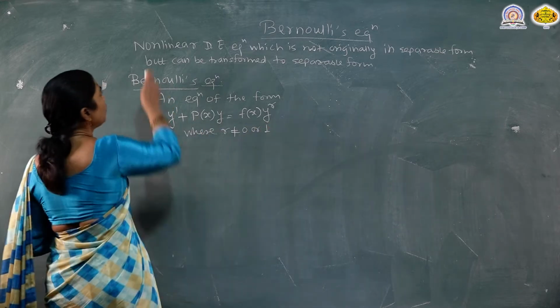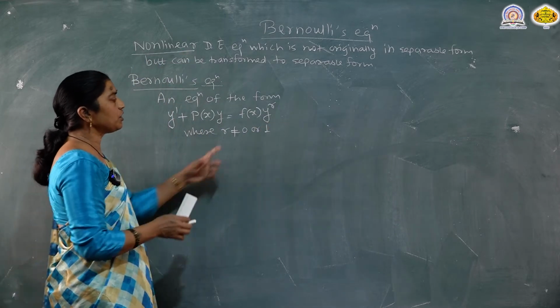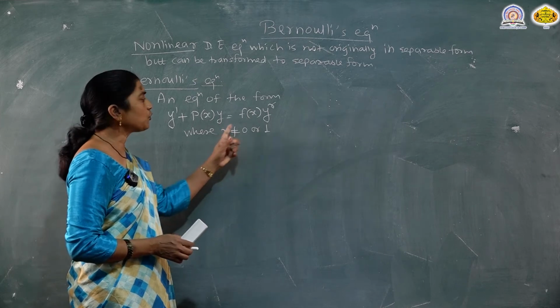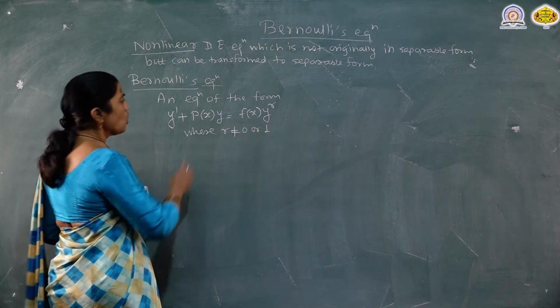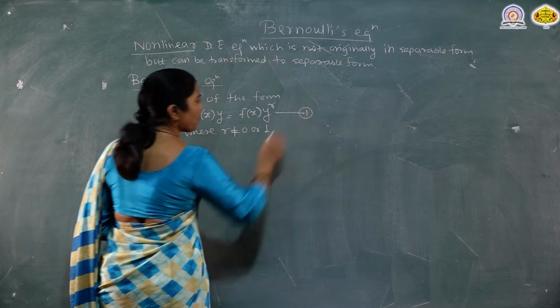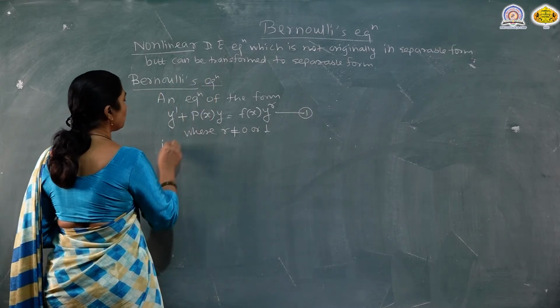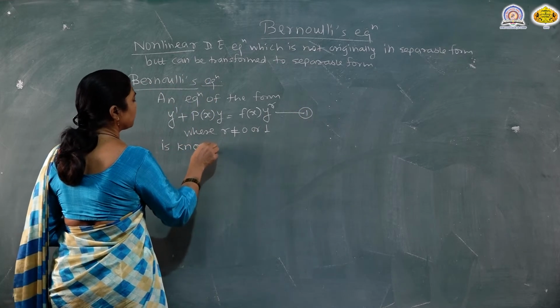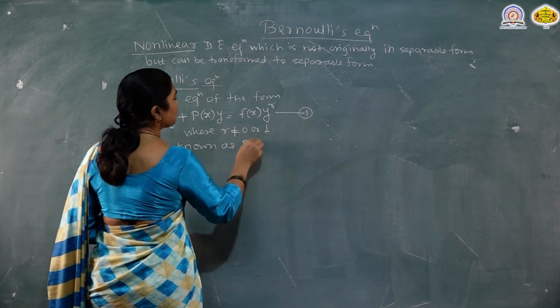We are going to see non-linear equations. So the condition on r is that r should not be equal to 0 or 1. Any equation of this form (1) is known as a Bernoulli equation.